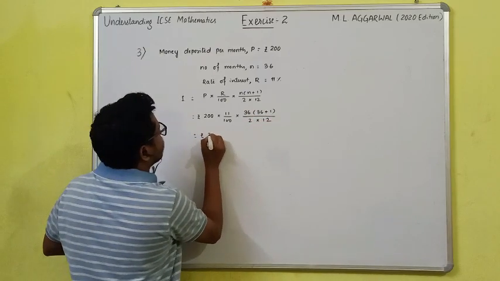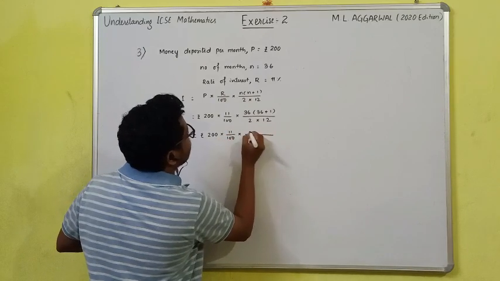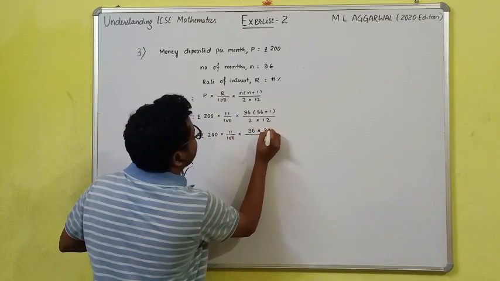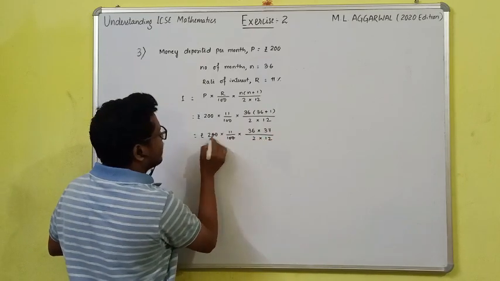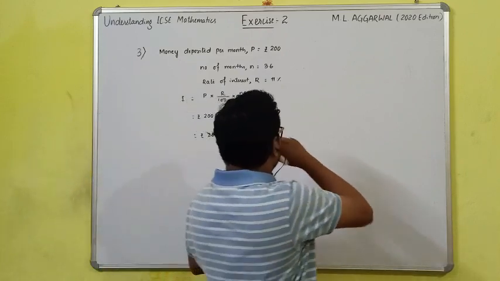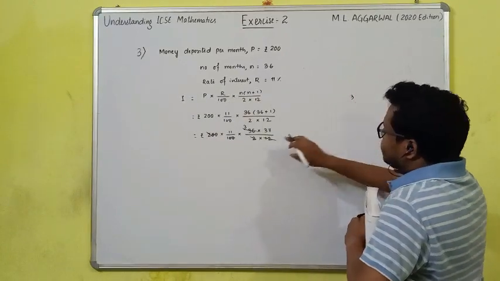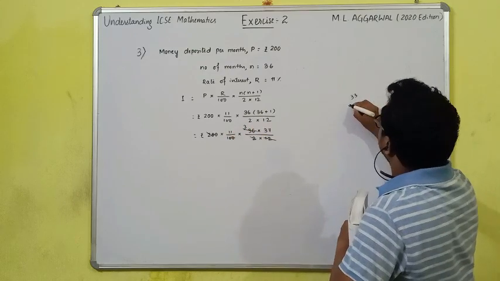So P rupees 200 into 11 by 100 into 36 into 37 by 2 into 12. See, 0 0 cancel, 2 cancel, 12 3 yeah, 36. Now 36 cancelled. So here 11 into 3, 33 into 37.